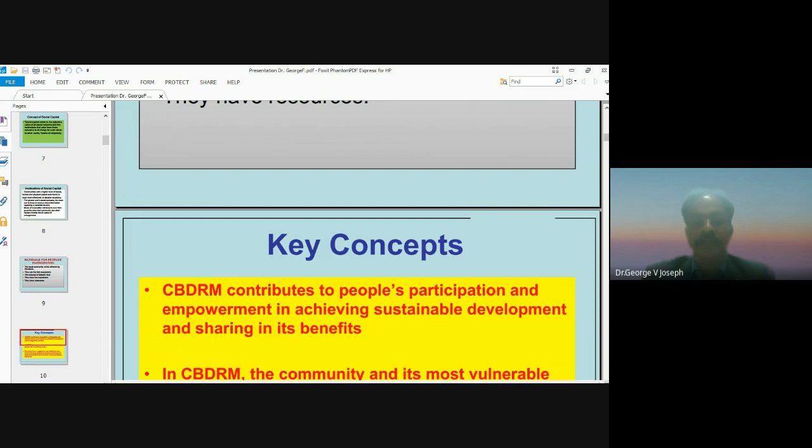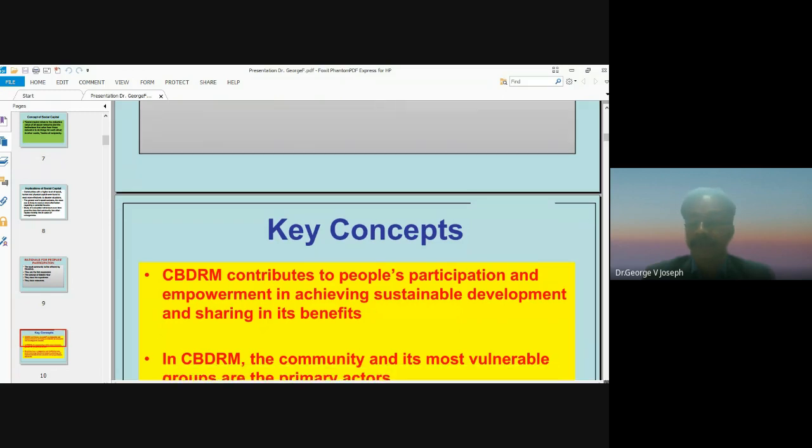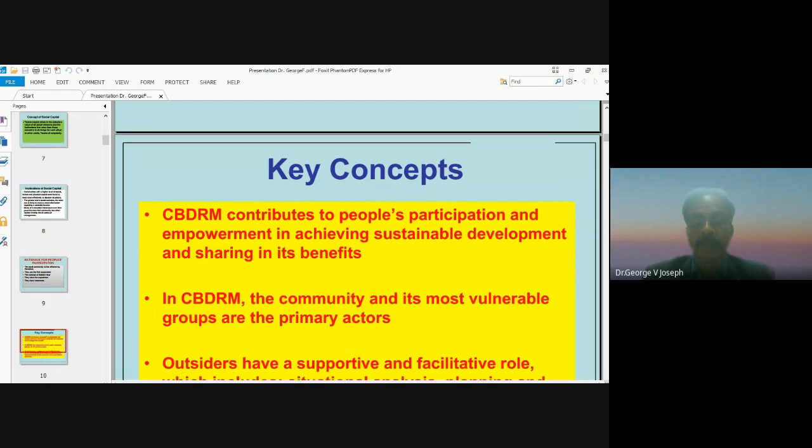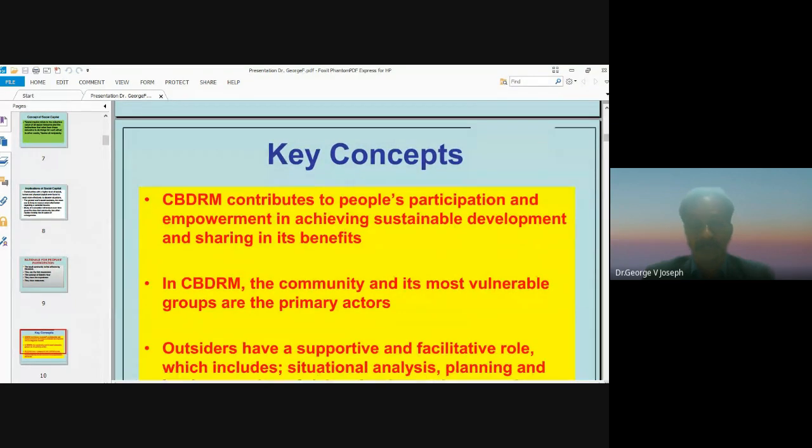People's participation and empowerment in achieving sustainable development and sharing its benefits. People contribute in the participatory process. People contribute in achieving and strengthening the system. The community and its most vulnerable groups are primarily addressed.